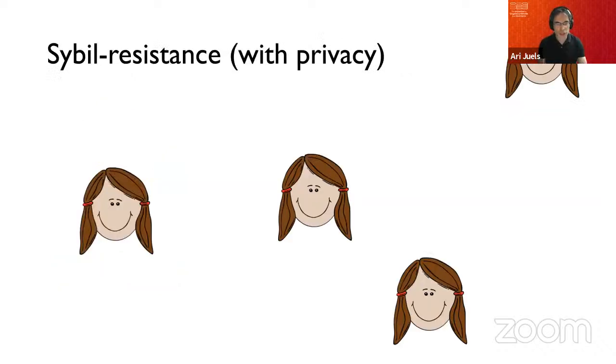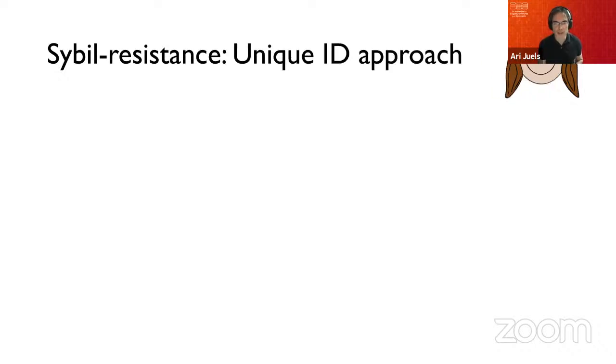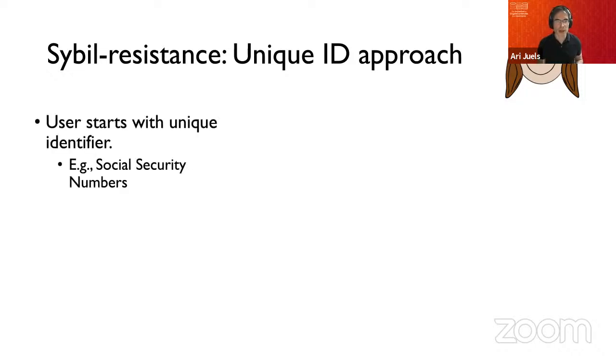We can also achieve with Candid the Sybil resistance that I mentioned before that is so important for applications like voting. The main approach that we take to achieving Sybil resistance is what we call the unique ID approach. We presume here that users have access to some type of unique identifier.